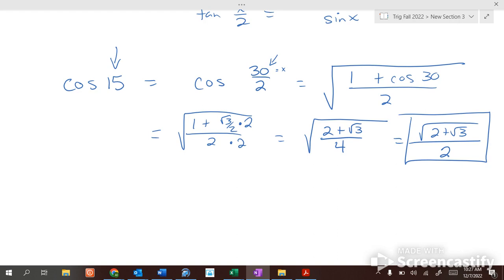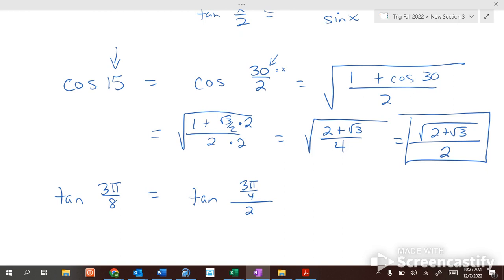All right, let's do a tangent one. Let's do the tangent of 3 pi over 8. Ooh, what's 3 pi over 8? Well, that's the same as the tangent of 3 pi over 4 over 2.